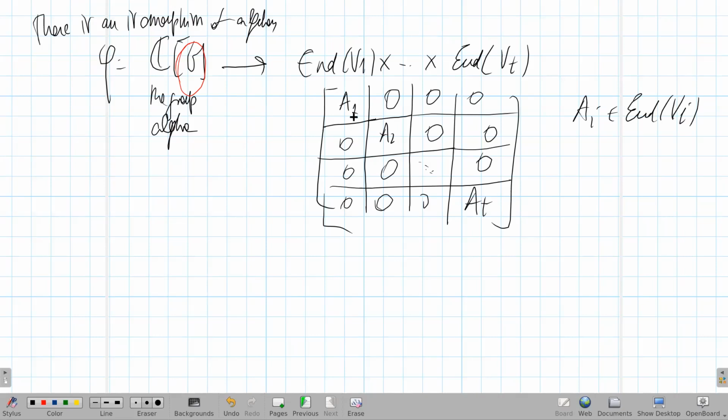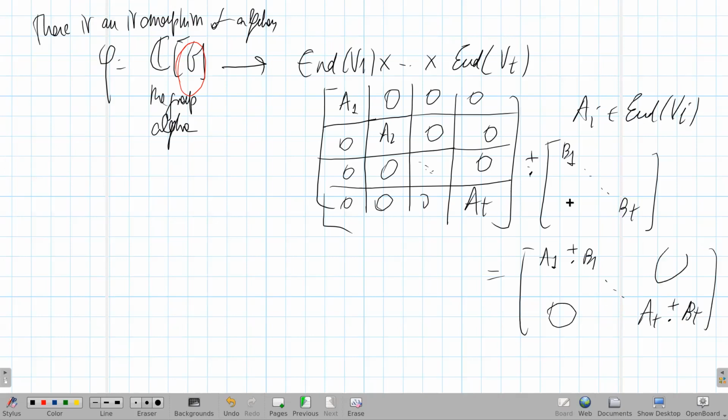And if you look at the sum and product of these two objects, if you multiply this by B1, plus or times is the same, I'm writing plus or times because it's the same whether you do this, you obtain exactly this, and zeros everywhere.